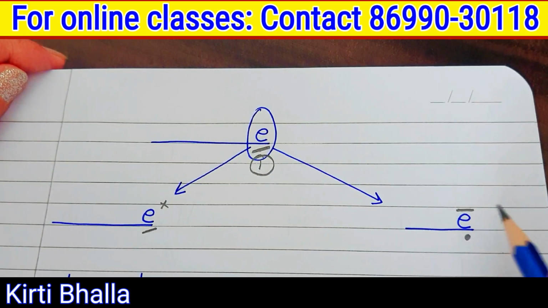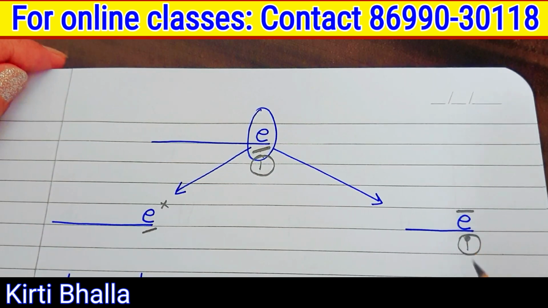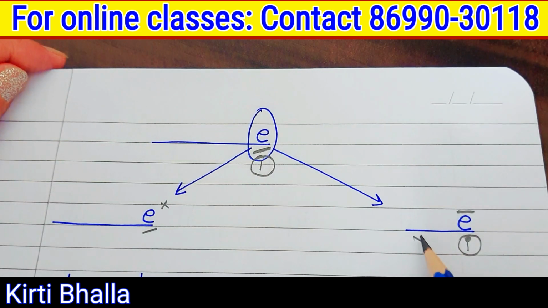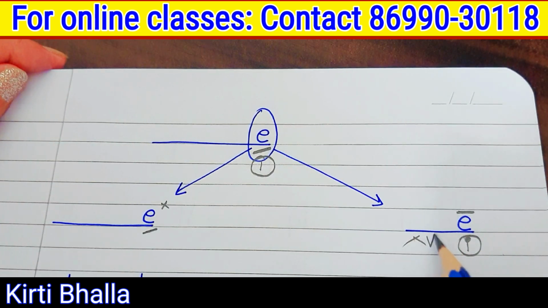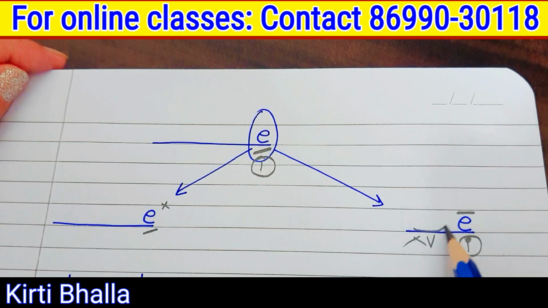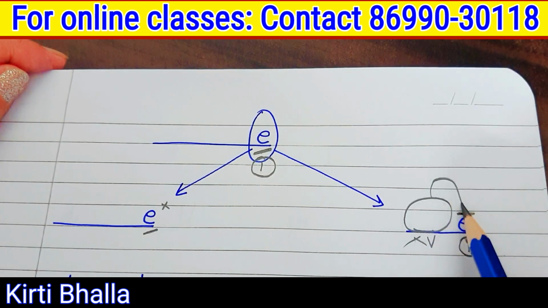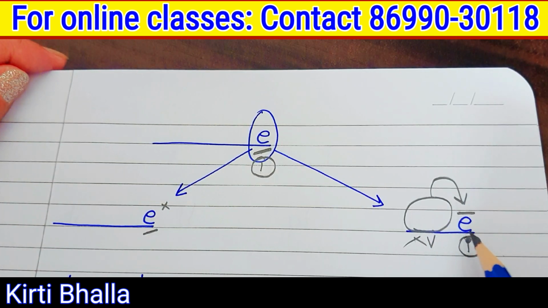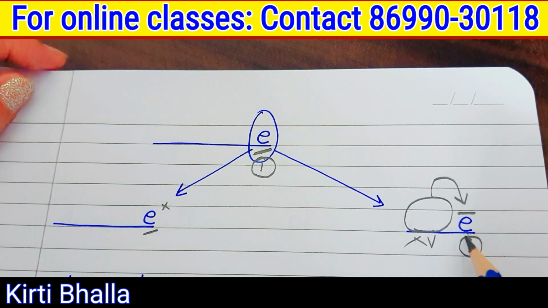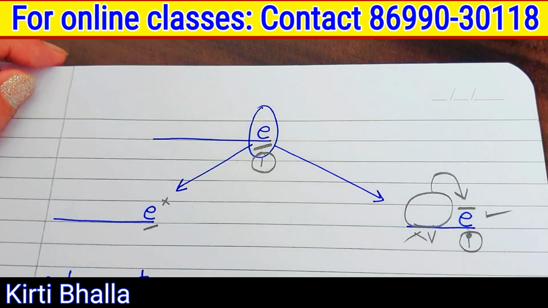Suppose in a word there is a single E at the end and there is no other vowel in it. There is just a consonant, and after the consonant there is a vowel, only a single E. Then we have to read the name of that E.